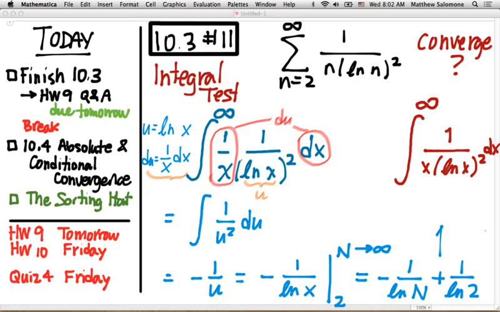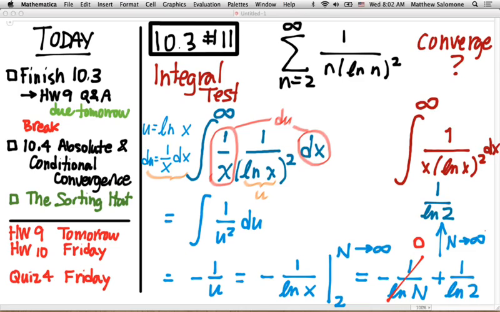And the question is still, what happens to that quantity as n tends to infinity? 1 over infinity is what the first term becomes, and 1 over infinity is just a code word for 0. So that term goes away in the limit. And we conclude that this improper integral converges. Its value is finite.